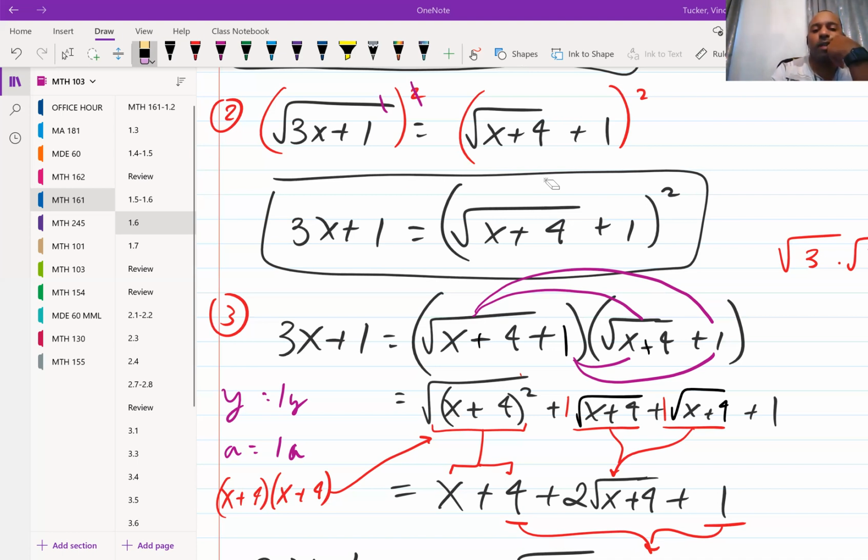All right, so in that first part of your expression, the square root of x plus 4 squared, that square and square root will cancel and just leave you with x plus 4. Then we can combine our like terms. The square root of x plus 4 plus the square root of x plus 4 is 2 square root of x plus 4, because it's just a 1 in front.